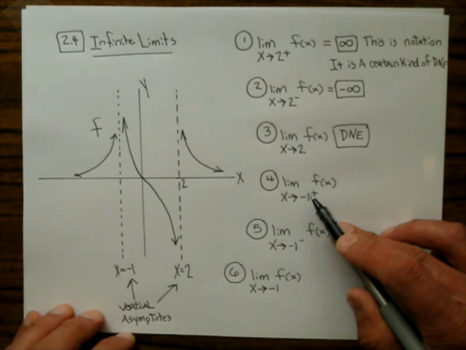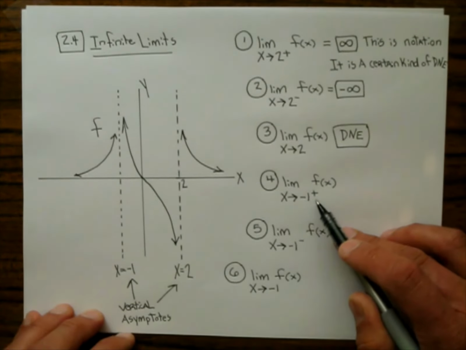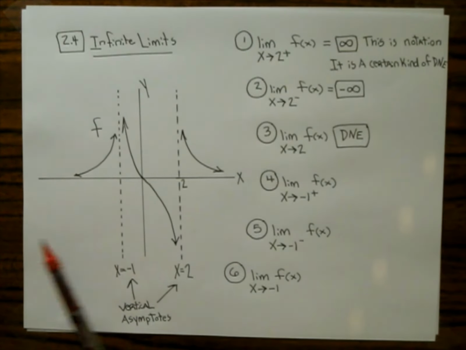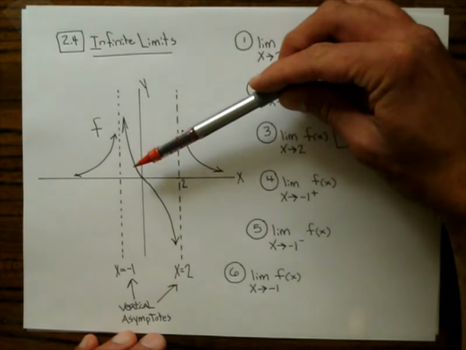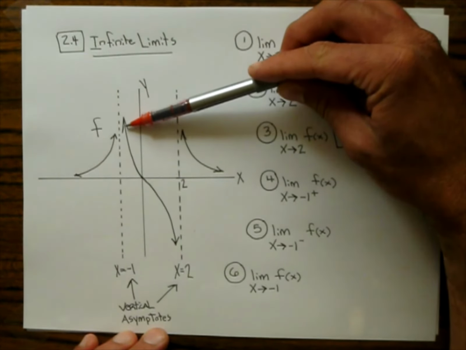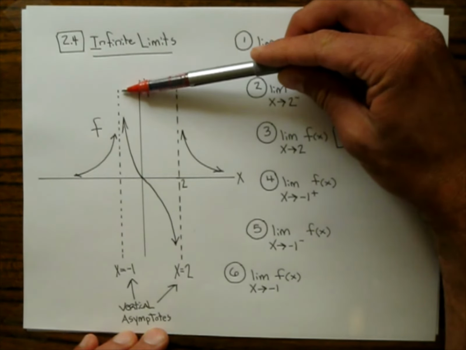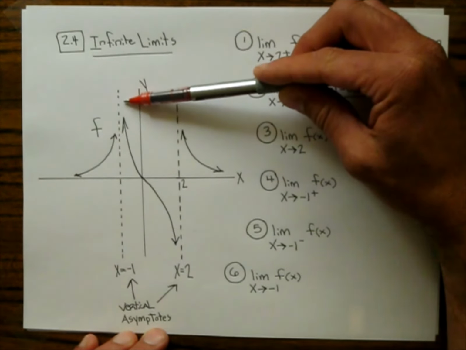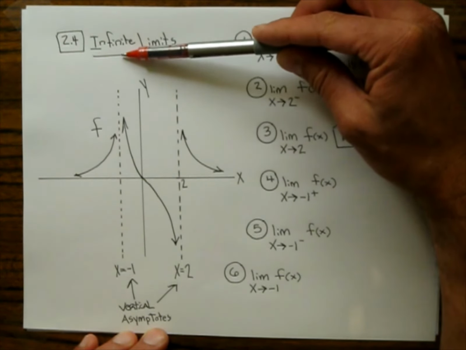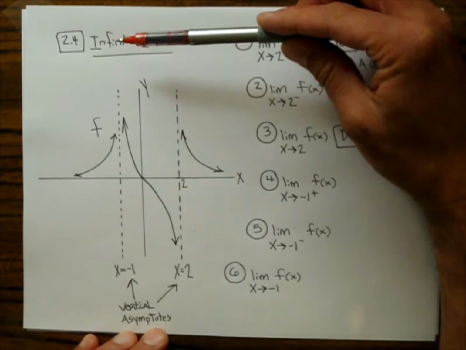Okay, limit of f as x approaches -1 from the right. Let's follow the graph. Here's -1, we're coming from the right, and where's our y value? Well, we're not coming up to a particular y value, but we are going where? To positive infinity.